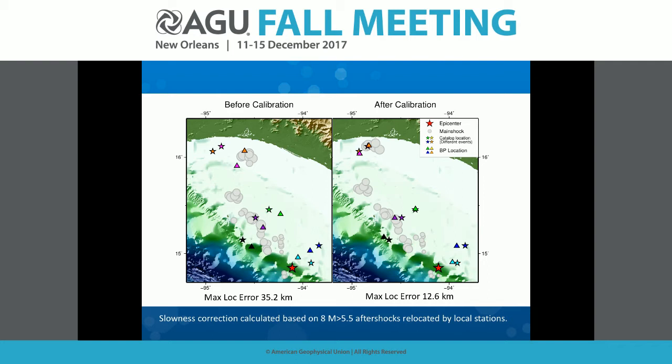These stars are what you can find in the SSN catalog, and the triangles are the back projection inferred locations. This is without the calibration, and you can see there are some biases, especially for those further away from the hypocenter. After we introduce this slowness calibration, these collapse nicely at the same location. It means that we have reduced the location error by a factor of 3.